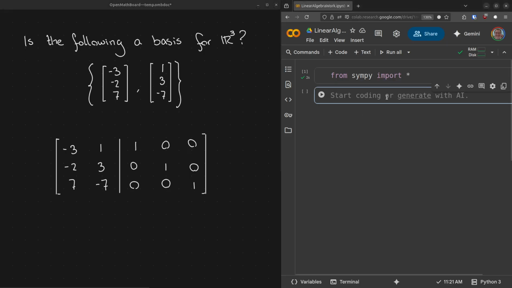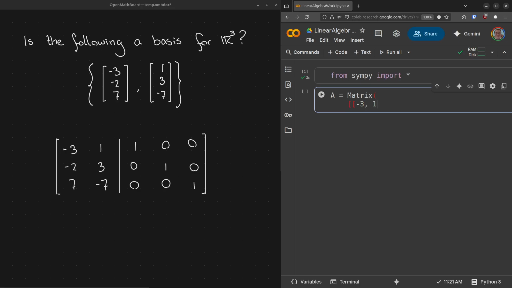Okay? So row 1: -3, 1, 1, 0, 0. Row 2: -2, 3, 0, 1, 0. And row 3: 7, -7, 0, 0, 1.